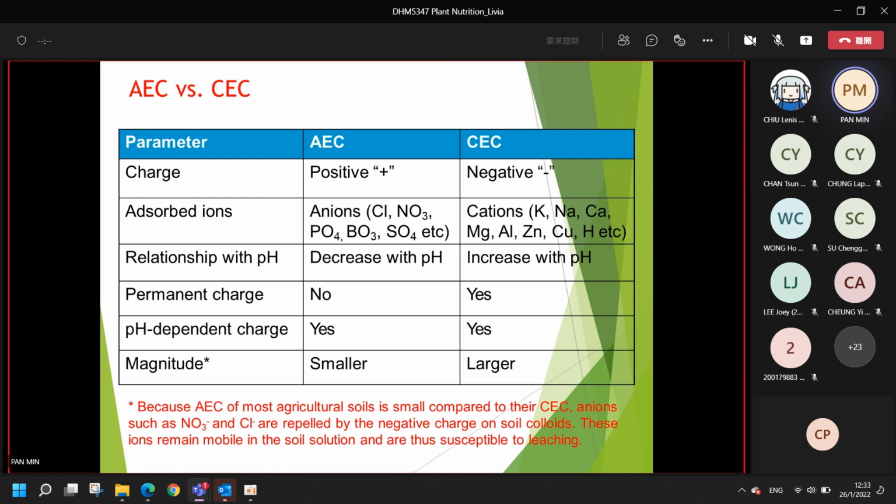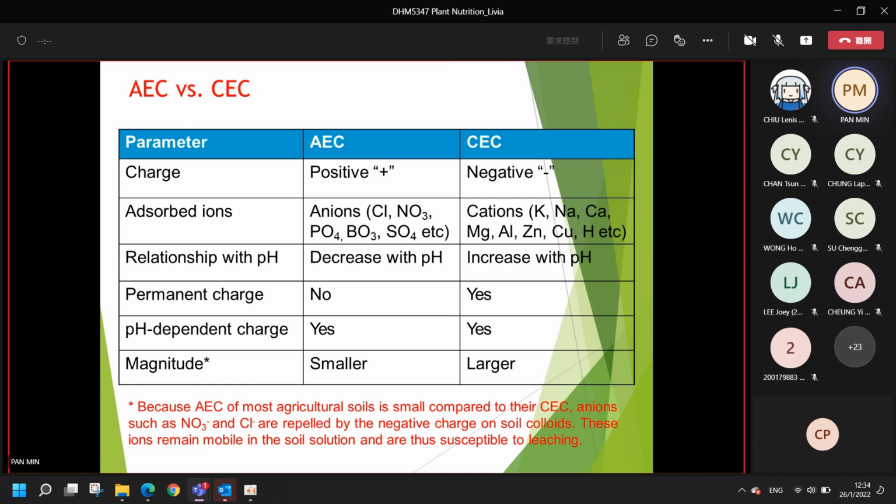And here is the comparison between the AEC and the CEC. They have different charges and adsorb different ions, and more binding sites can be offered to the CEC, because the mineral surface, the colloid surface, and the organic matter surface can all provide them. So the anion has a smaller magnitude in soil fertility.